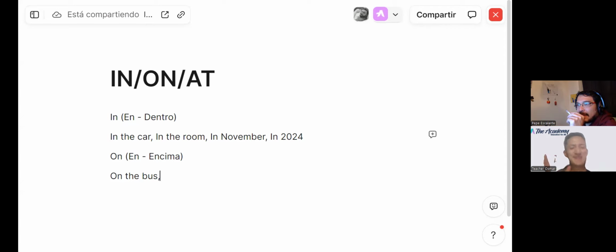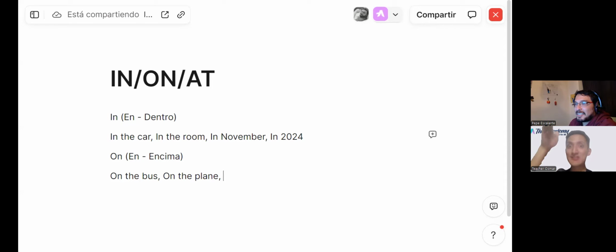You're going to tell me, teacher, it doesn't make that much logic because in Spanish we say in. It makes more sense because we are "dentro del bus", but it's on the bus, on the plane. In the case of the room, you have a seat, but you use in the room.